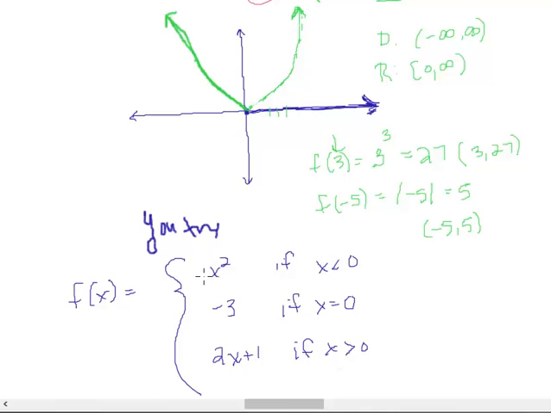So you're going to take a look at x squared for values smaller than 0, negative 3 when x is 0, and 2x plus 1, remember this is a line with slope 2 and y-intercept 1, for values of x greater than 0. So see what you can come up with, try to think through it, and then also think domain and range and try to identify those specific f of x values that are on your study guide. But anyway, give this a shot and we will look at it in class.